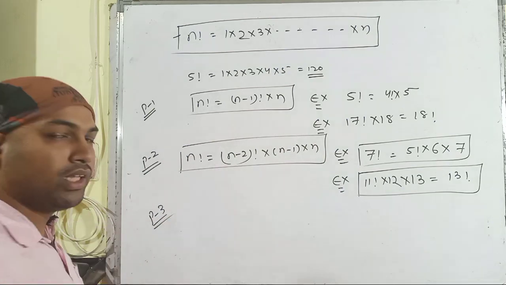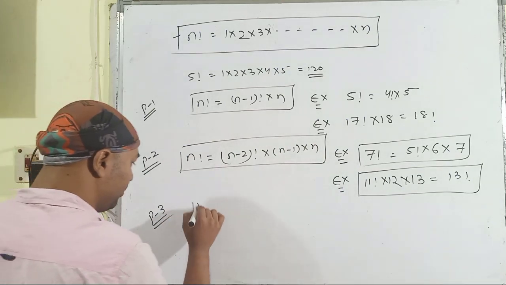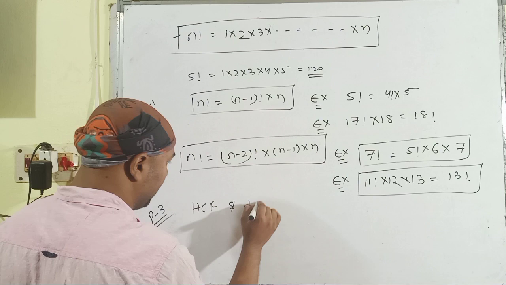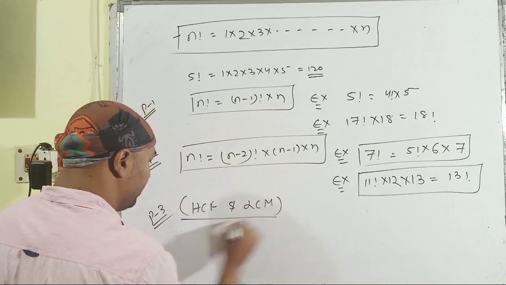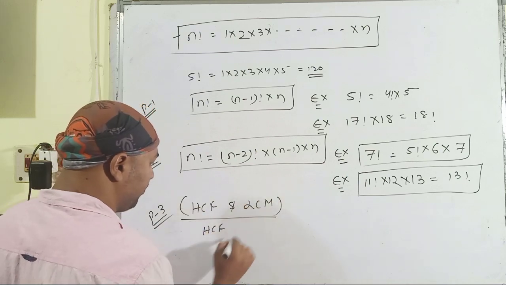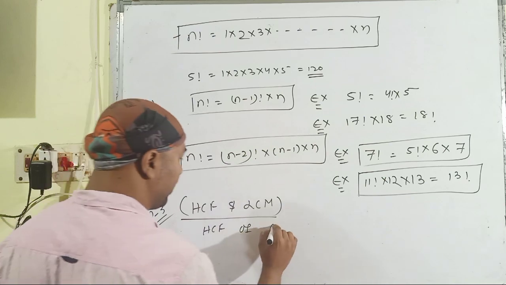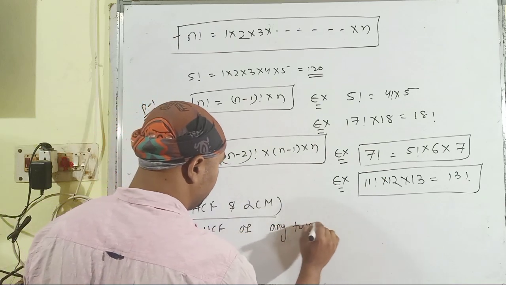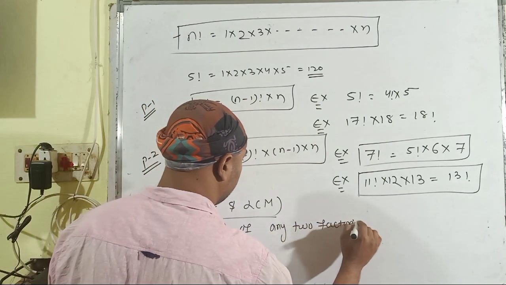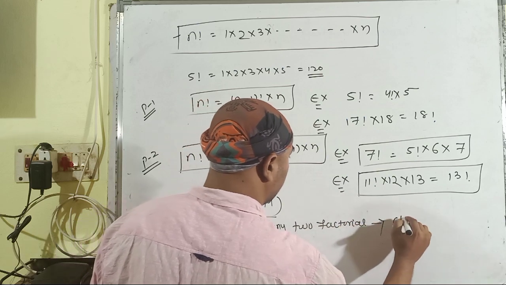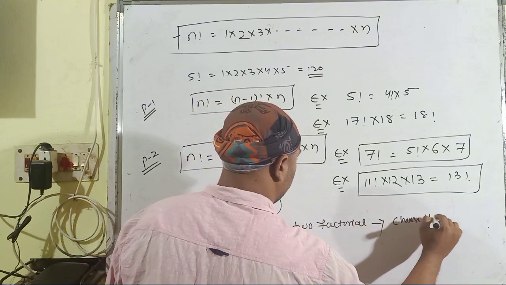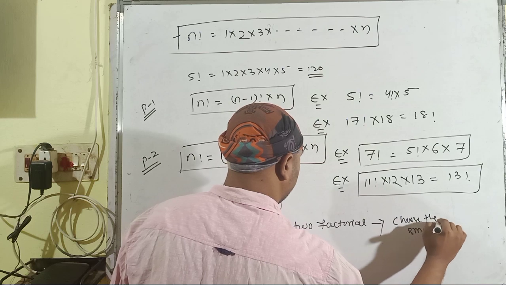Then in the property number 3, HCF and LCM. HCF of any 2 or more than 2 factorials, then you have to choose the smallest factorial.